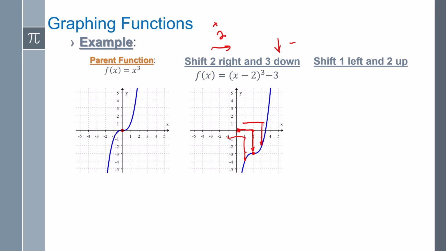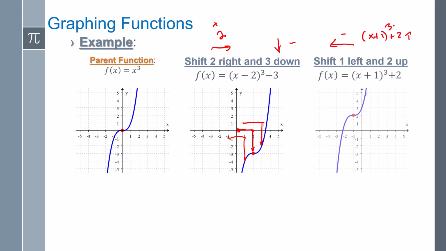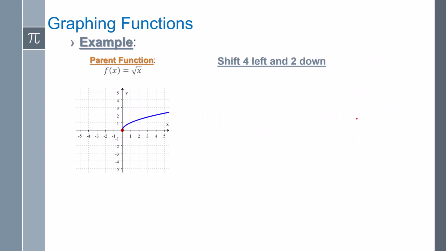If I wanted to shift to the left, that's negative, so that's going to be x plus 1. And then up 2, so that's going to be plus k. And so then shift it over, up 2. And it works that way with every shape.